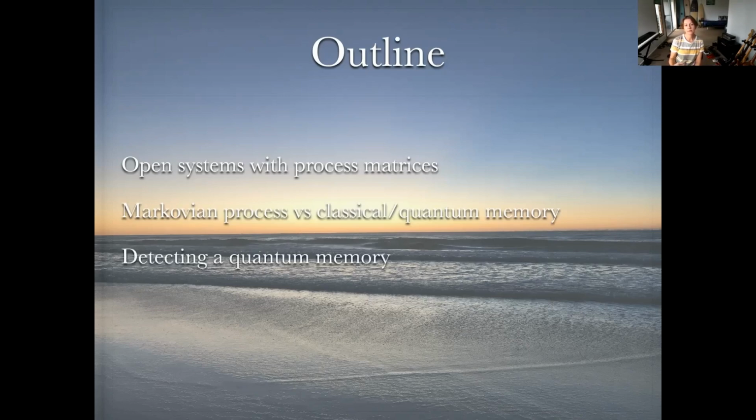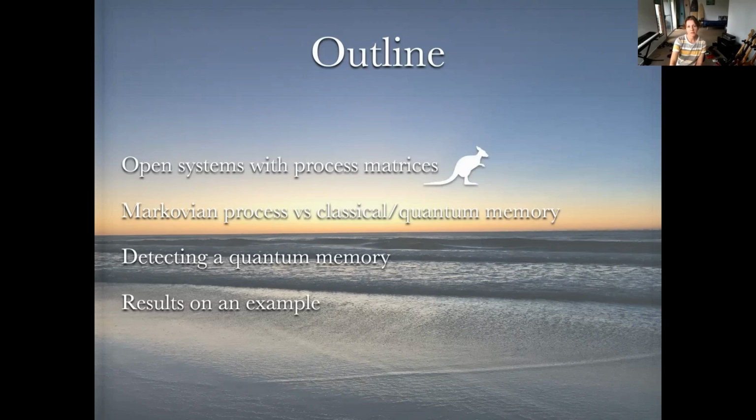And then I will present a way to detect a quantum memory in your quantum process. And finally, I will talk about some results that we obtained through this method that we applied on a particular example.